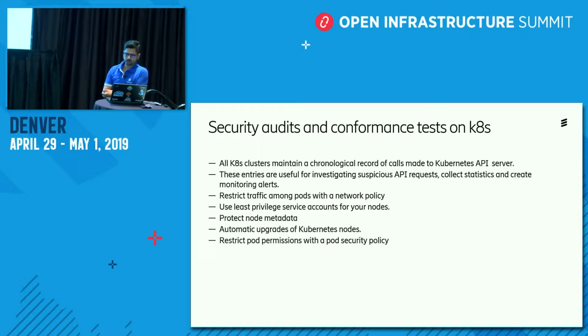So we need to ensure that the traffic between the pods is restrictive in nature by hardening it through network policies. And we always need to go with the least privilege access mode. You cannot give excess privileges when it comes to network security on containers. Apart from this, we need to protect metadata.